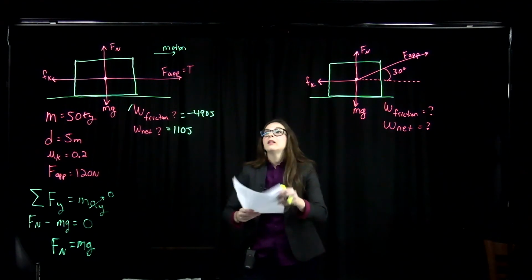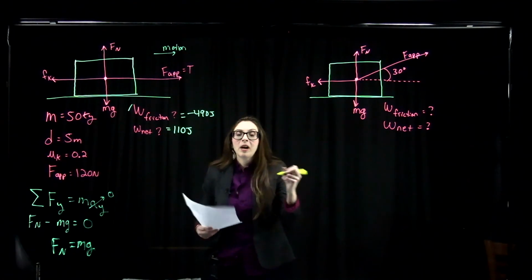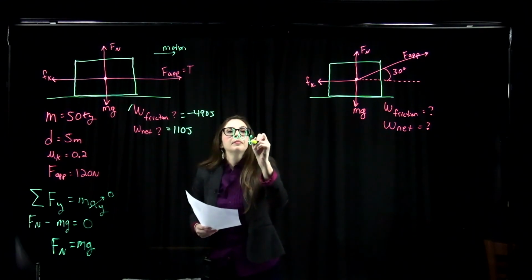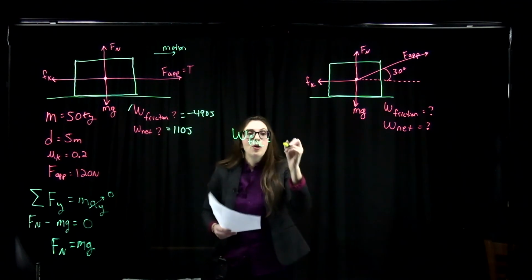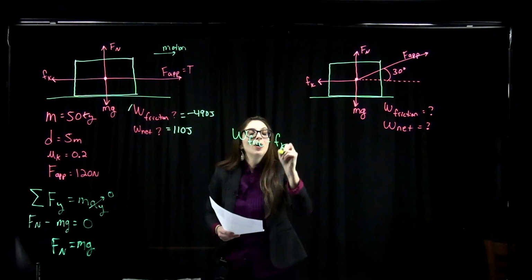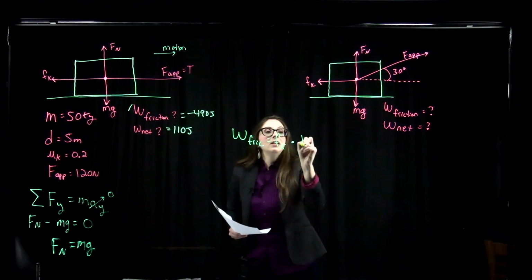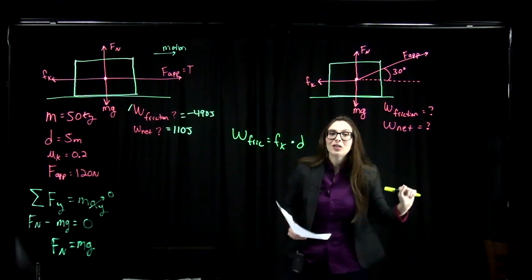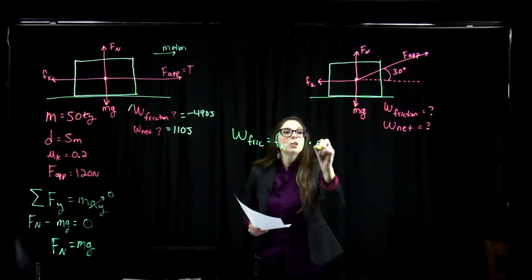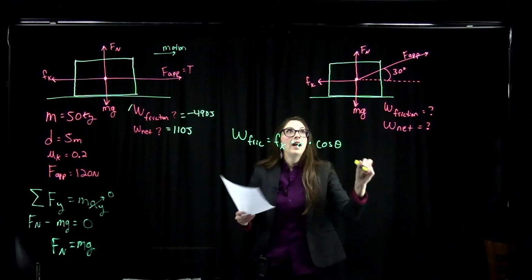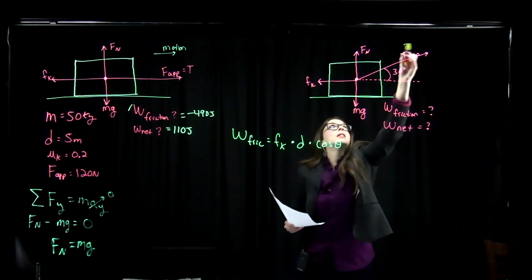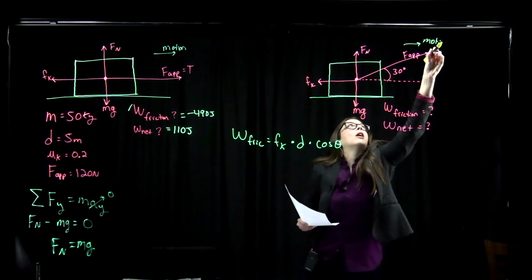So our work done by friction is going to equal the force of kinetic friction times the distance over which that force is applied, times cosine theta. Theta is the angle between our direction of motion and our applied force.